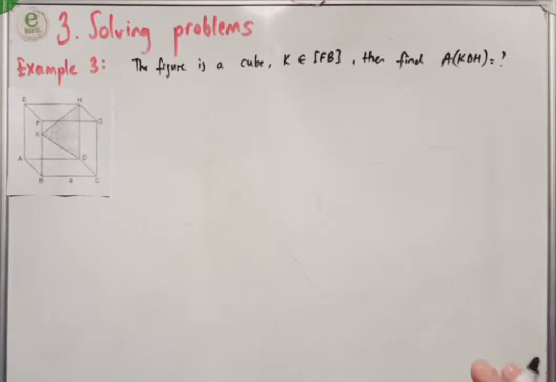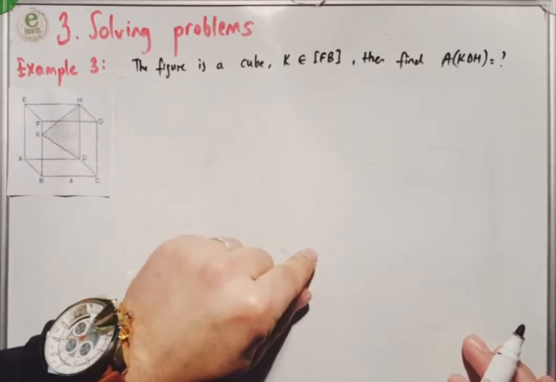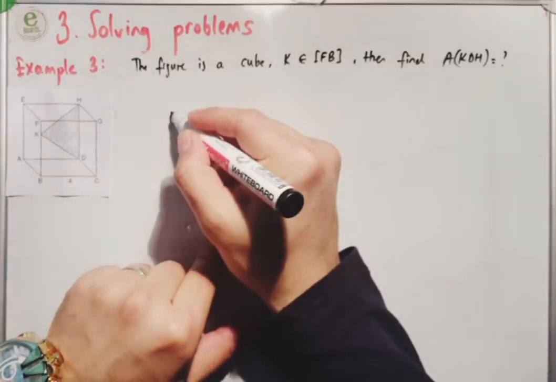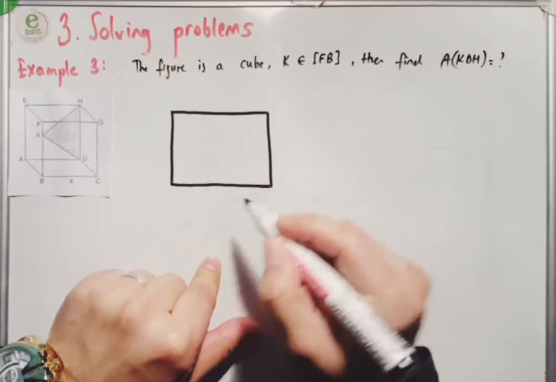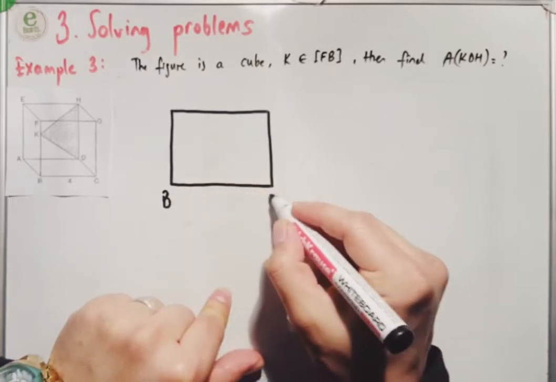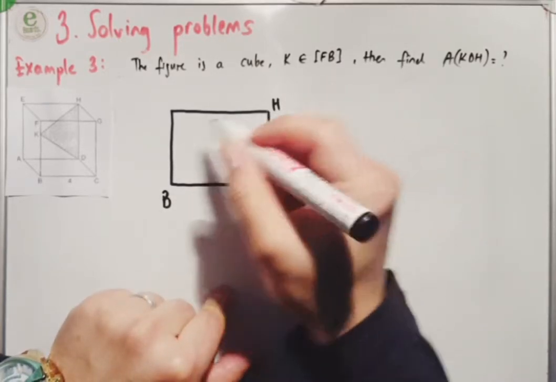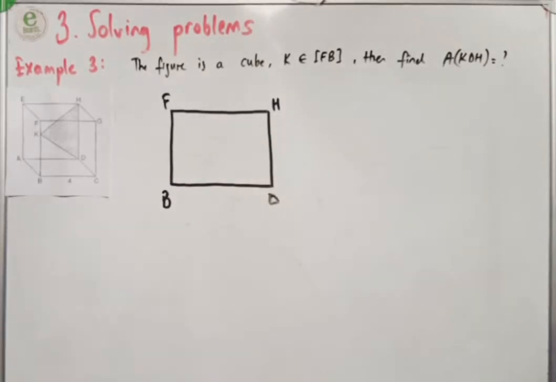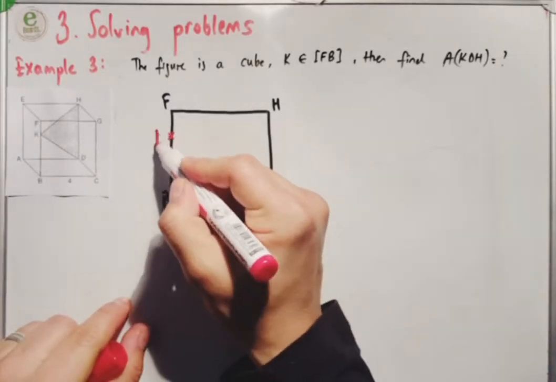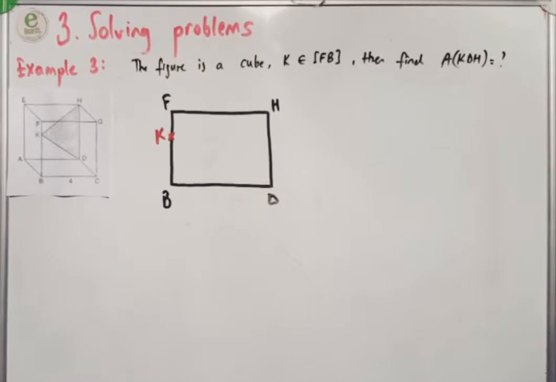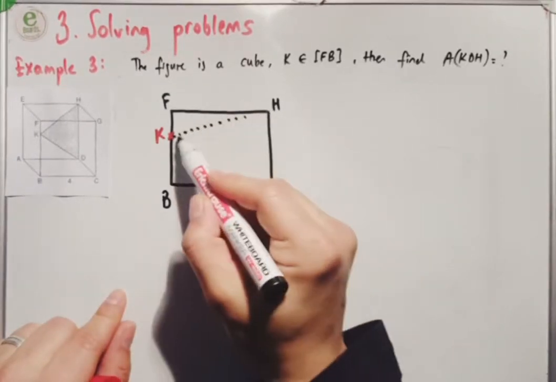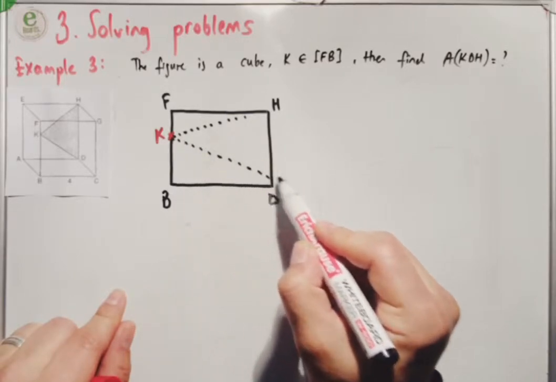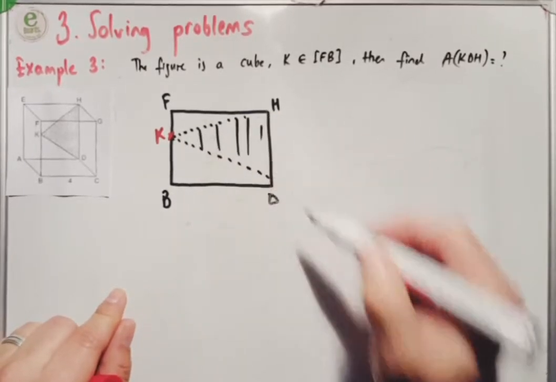First we can start by making the rectangle B, D, H, and F. The point K is on side FB, and we will find the area of the triangle.